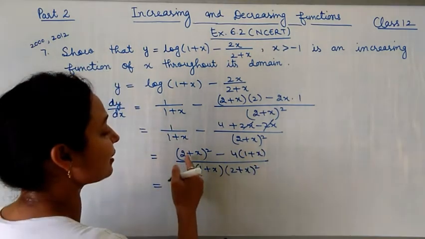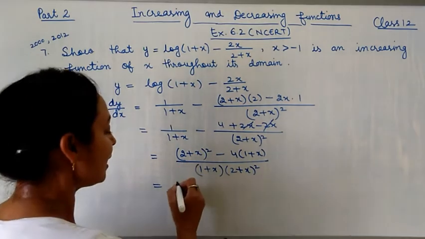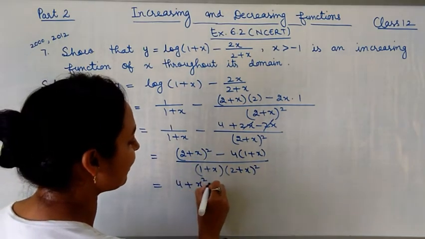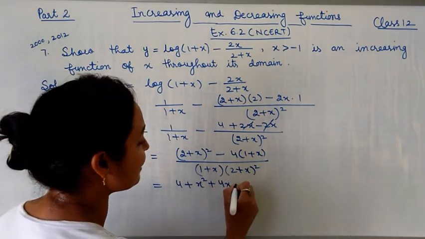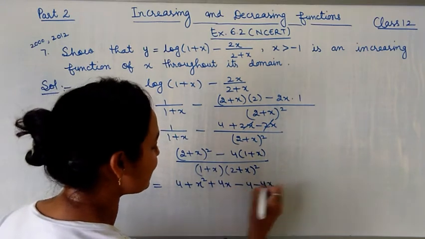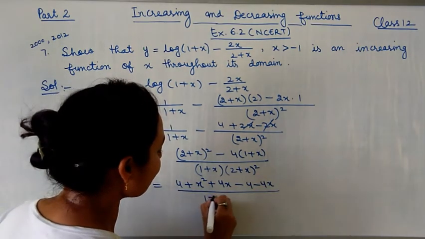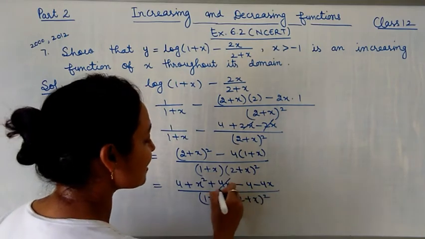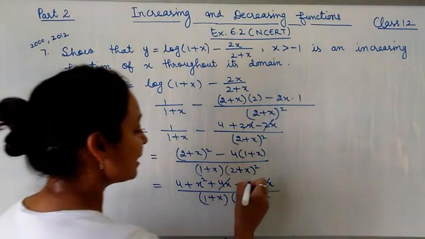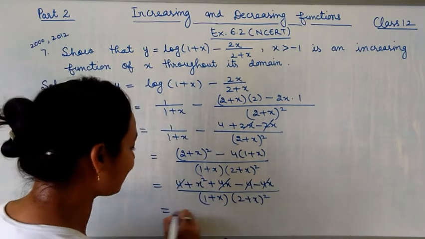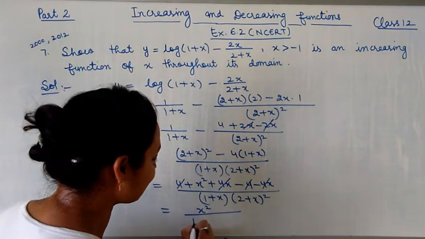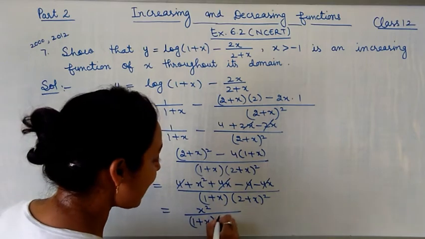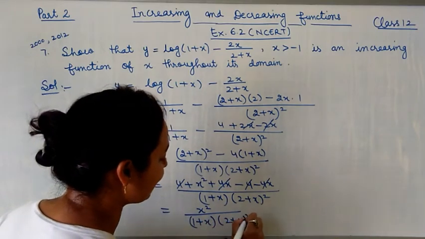Now I will open the formula (a + b) squared, giving 4 + 4x + x squared minus 4 minus 4x, divided by (1 + x)(2 + x) whole square. This 4x and 4x will cancel, this 4 and 4 will cancel, and we have x squared, and in the denominator (1 + x)(2 + x) whole square.